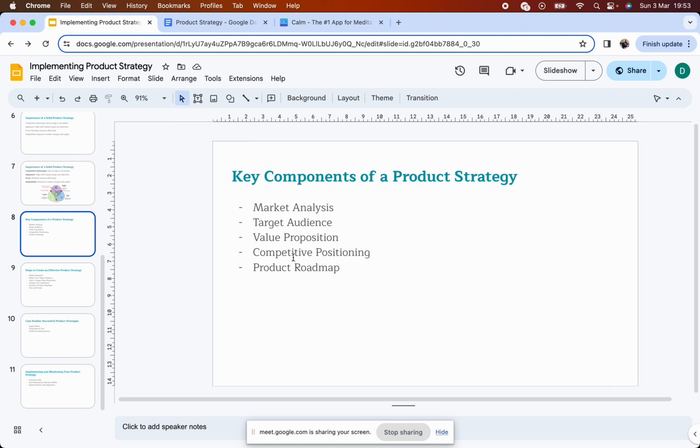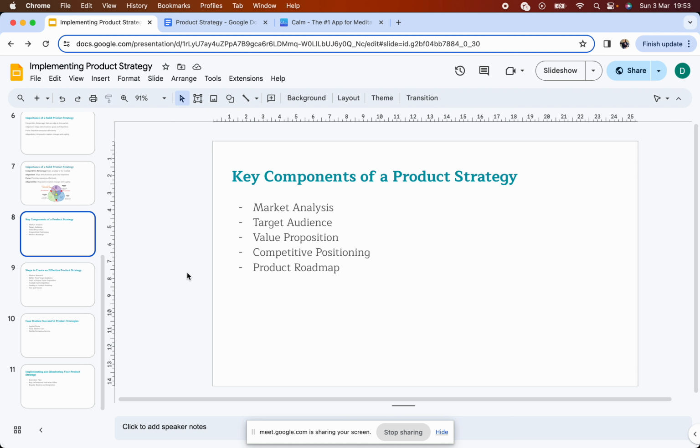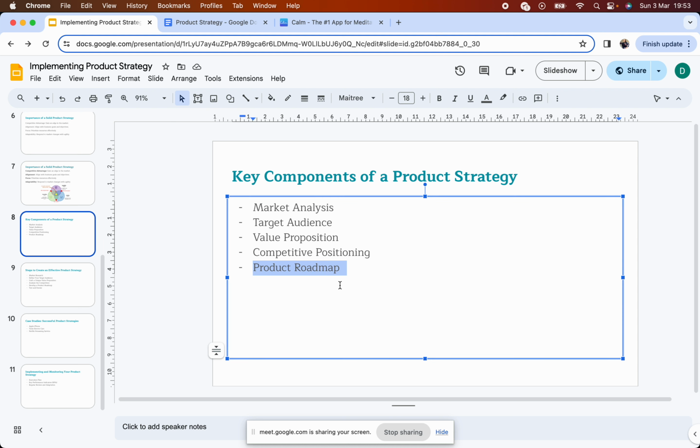As I said earlier, this is a strategic end. At the end of this, these outputs, specifically your product roadmap, will then be what is used to create your user stories and your acceptance criteria.